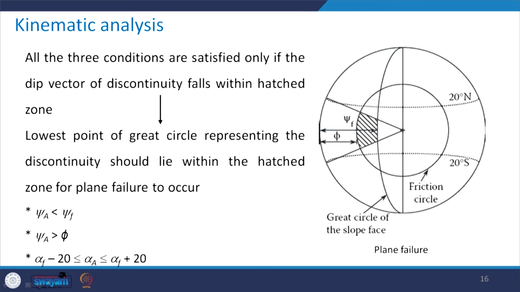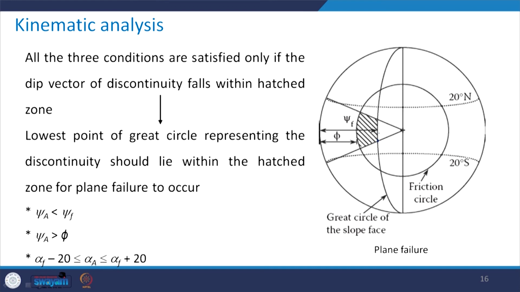Look here that all the 3 conditions will be satisfied only if the dip vector of the discontinuity falls within this hashed zone. The lowest point of the great circle, that is this, is representing that the discontinuity should lie within the hashed zone for the planar failure to occur.